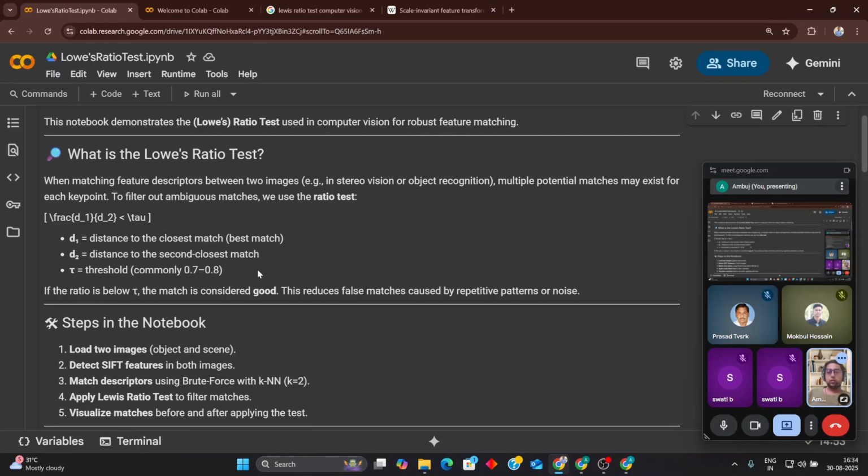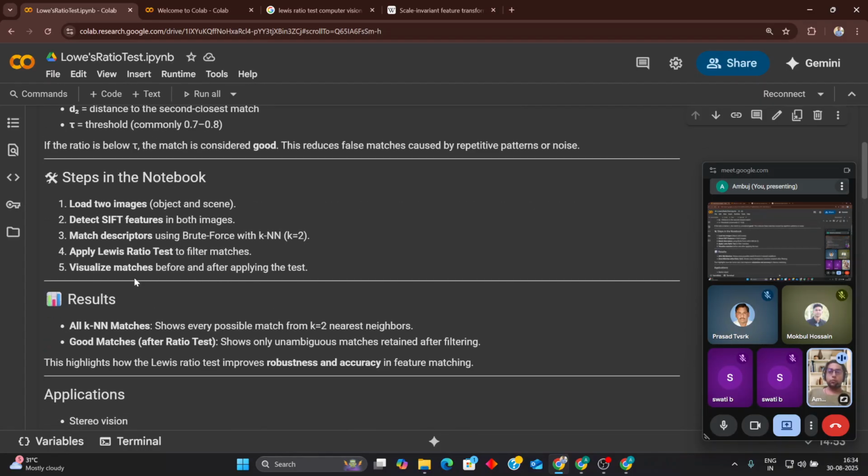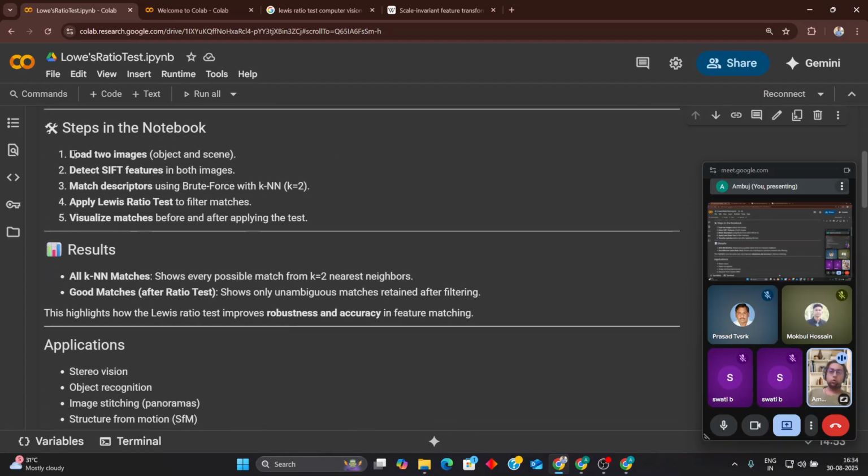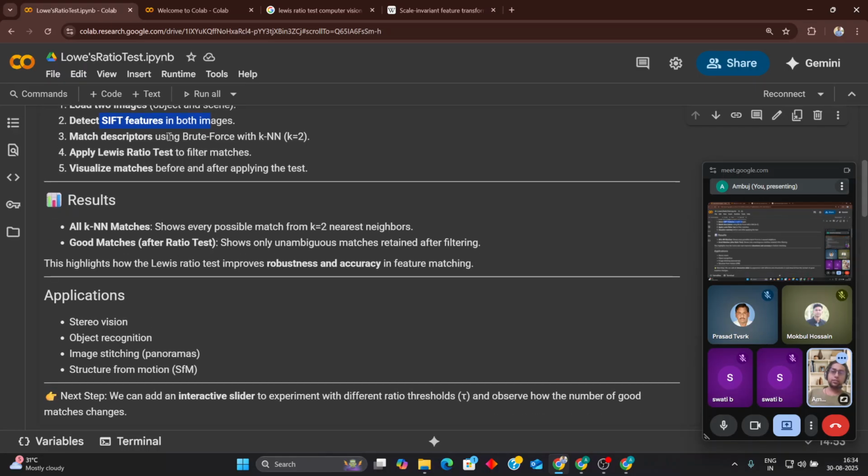The steps you have to perform here are: load one or two images, detect the SIFT features, match the descriptors using the brute force technique, apply the Lowe's ratio test, and then visualize the matches.